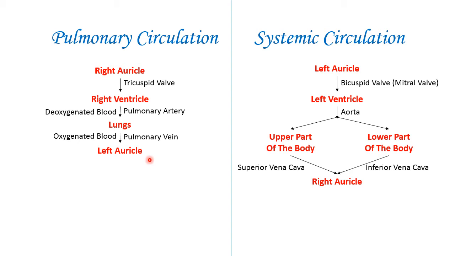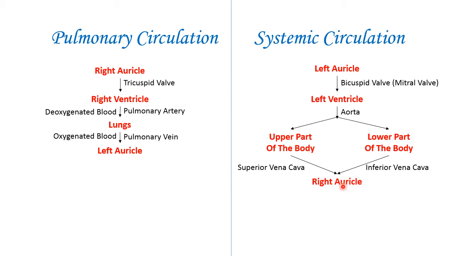Now let us see systemic circulation. From the left auricle, the oxygenated blood goes into the left ventricle via bicuspid valve, or it is also known as mitral valve. From the left ventricle through aorta, it goes into the upper part and the lower parts of the body. The deoxygenated blood from the upper and the lower parts of the body are collected by superior vena cava and inferior vena cava respectively, and then this deoxygenated blood again goes into the right auricle.